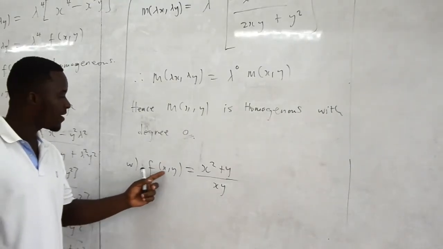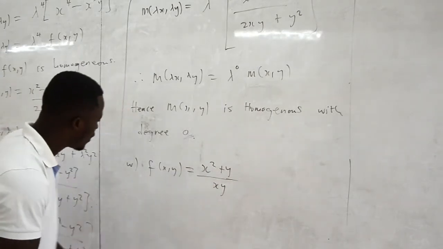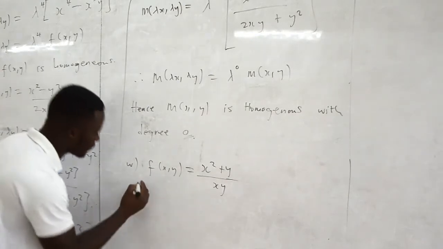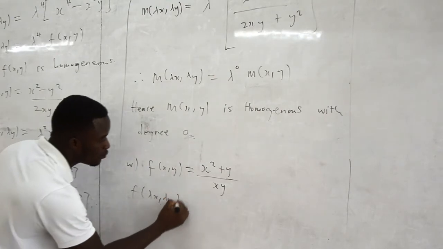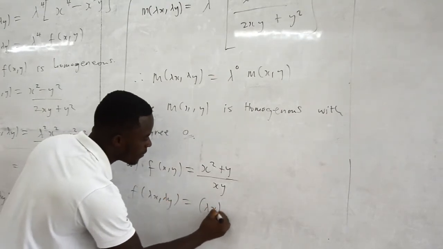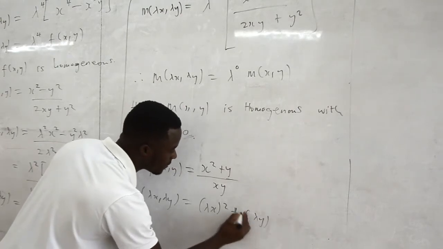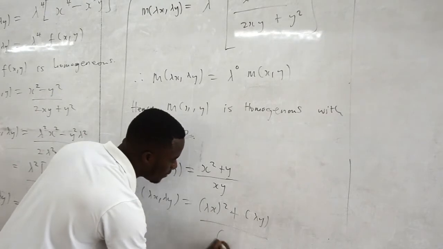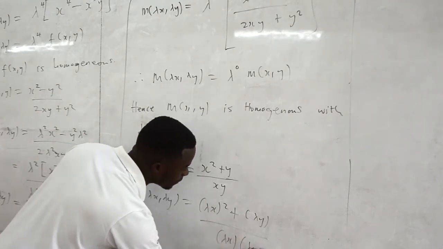We have f of x, y equal to x squared plus y all over xy. So here, we change our x and our y to lambda x, lambda y respectively. So I have my f of lambda x, lambda y equal to lambda x all squared plus lambda y, all over lambda x multiplied by lambda y.